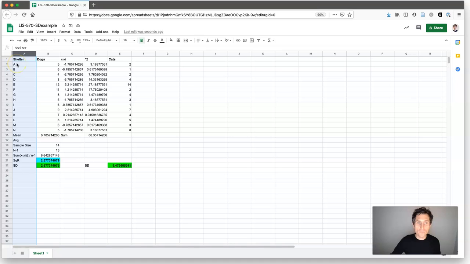Now we have 14 observations, that is, we have 14 shelters at which we might find either dogs or cats, or both. Okay, so at each shelter then we have something like 5 dogs and 2 cats.